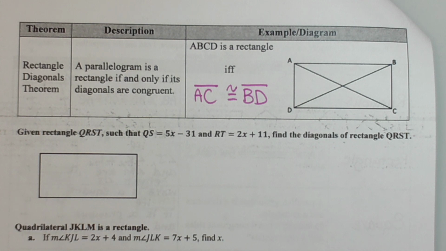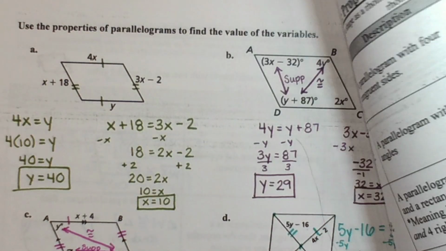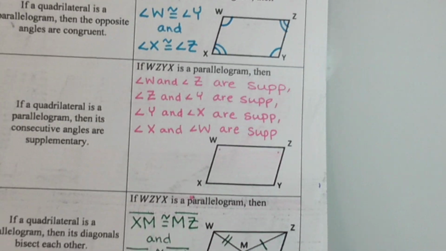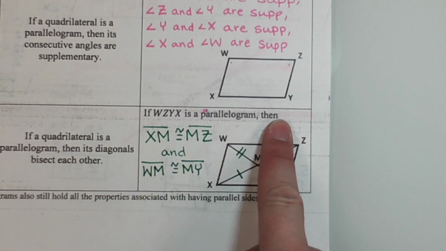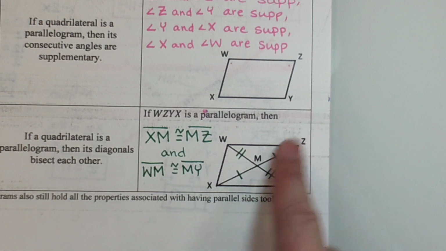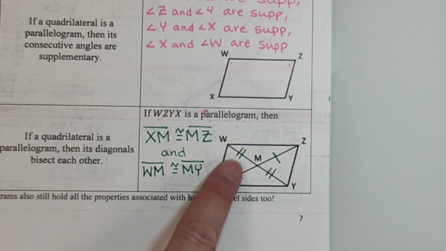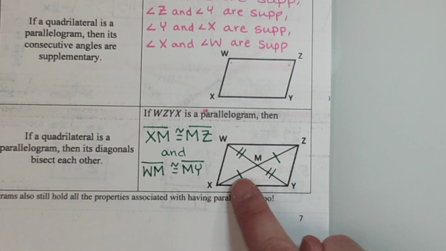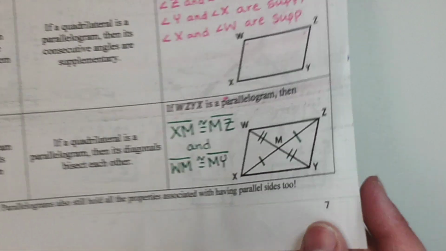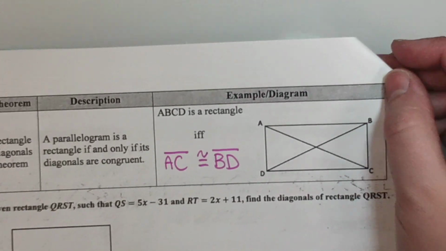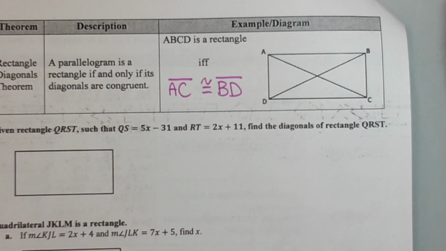Earlier in the chapter, we talked about parallelograms and their diagonals, and we talked about a property of them. In a parallelogram, the diagonals bisect one another. These pieces were congruent and these pieces were congruent, but nothing stated that the full diagonals were. If the full diagonals are congruent, that specifically makes it the rectangle.